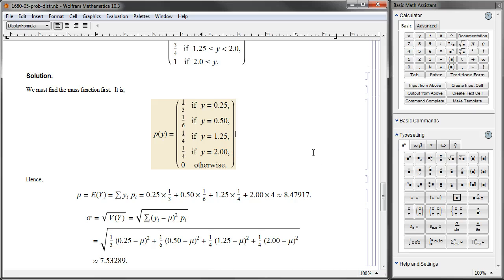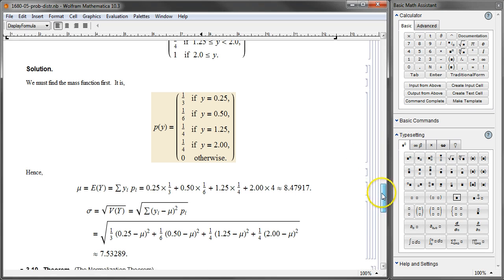Once you have the mass function, calculating the expected value is simple. Y value times the probability, y value times the probability, y value times the probability, and so on and so forth. Add them all up, and we get the expected value. How do we get the variance and standard deviation? Deviation squared times the probability, and then just go ahead.